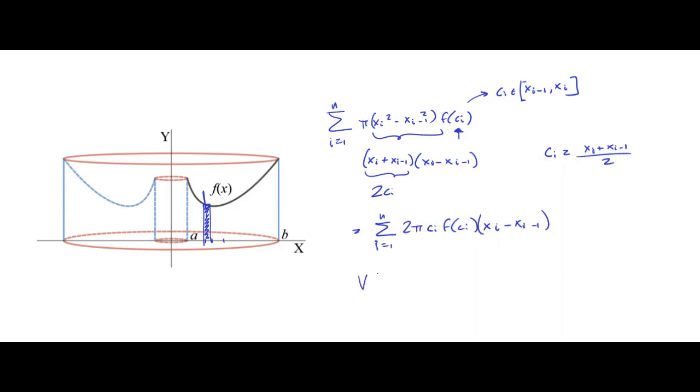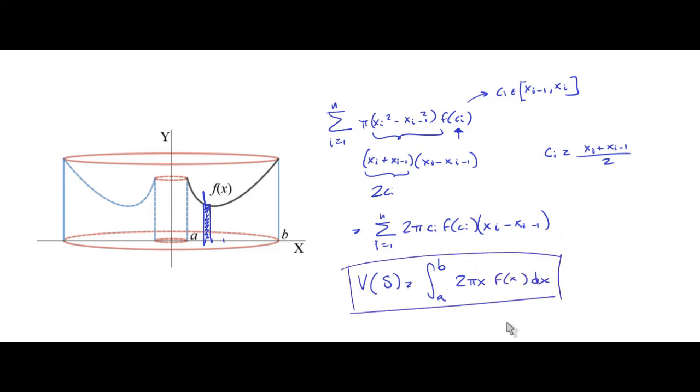Okay, so the volume of a solid of revolution around the y-axis is given by the integral between a and b of 2 pi x f of x dx. That's the formula. Okay, and it would maybe be easier if we would think of this function in terms of y, but if you don't have that, you can use this formula.